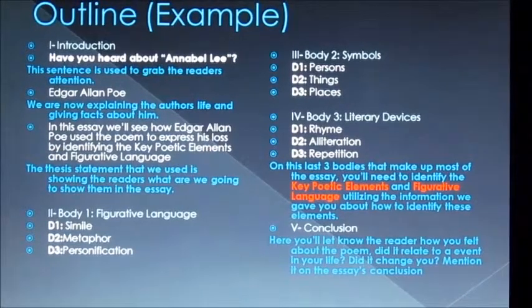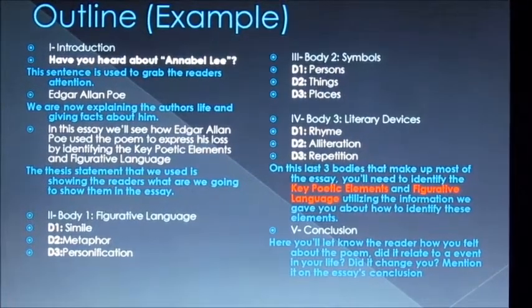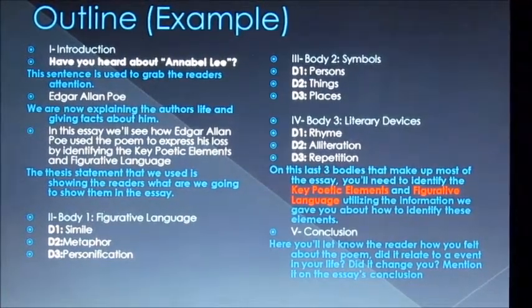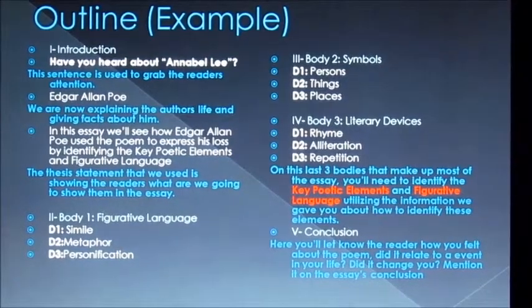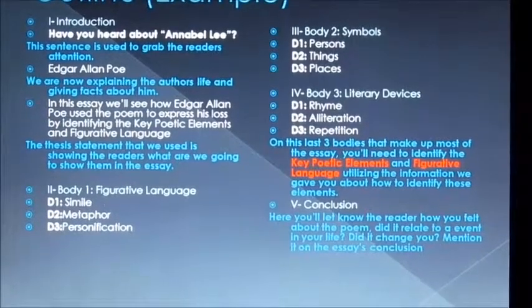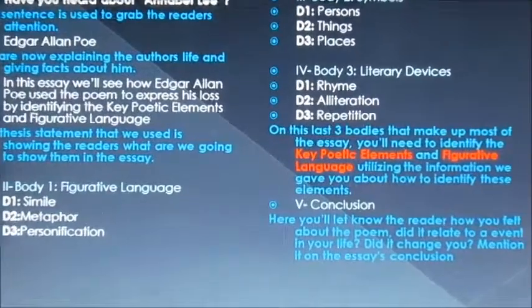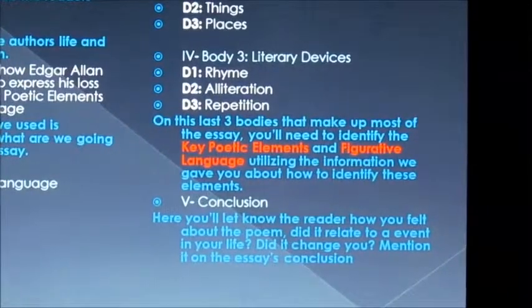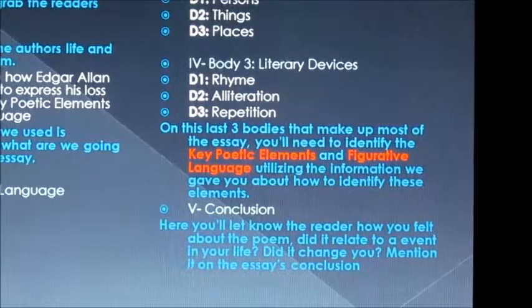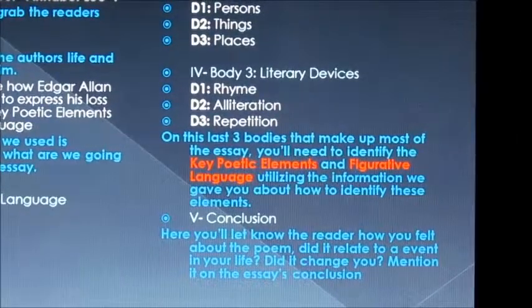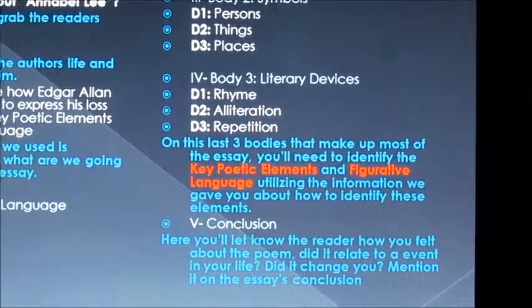And then in body 3, we'll use it for literary devices, which are rhyme, alliteration, and repetition of words. In these last 3 bodies that make up most of the essay, you will need to identify the key poetic elements and figurative language, utilizing the information we gave you about how to identify these elements.